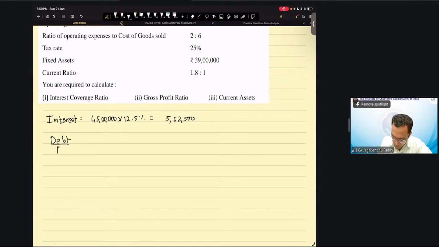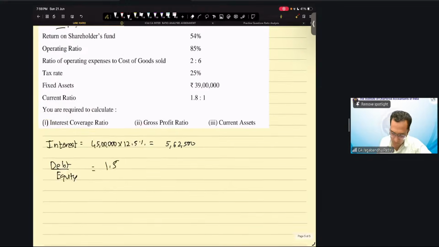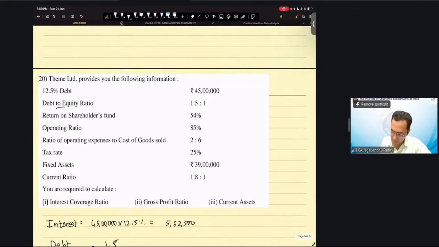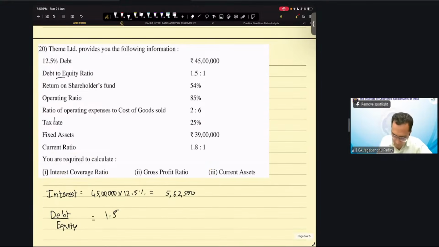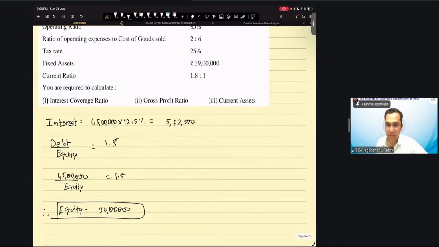Since debt to equity is 1.5, and debt is 45 lakh, 45 lakh upon equity is 1.5. So we get the value of equity as 30 lakh.